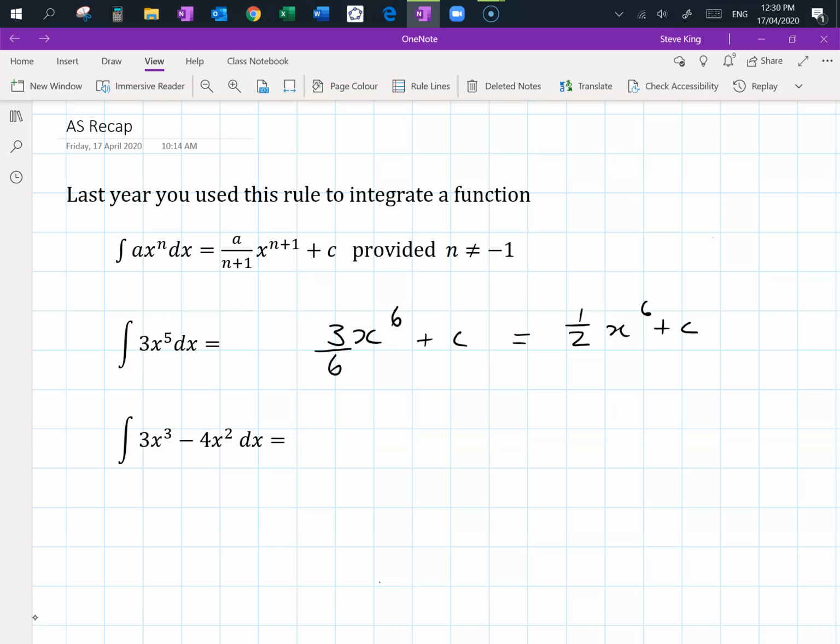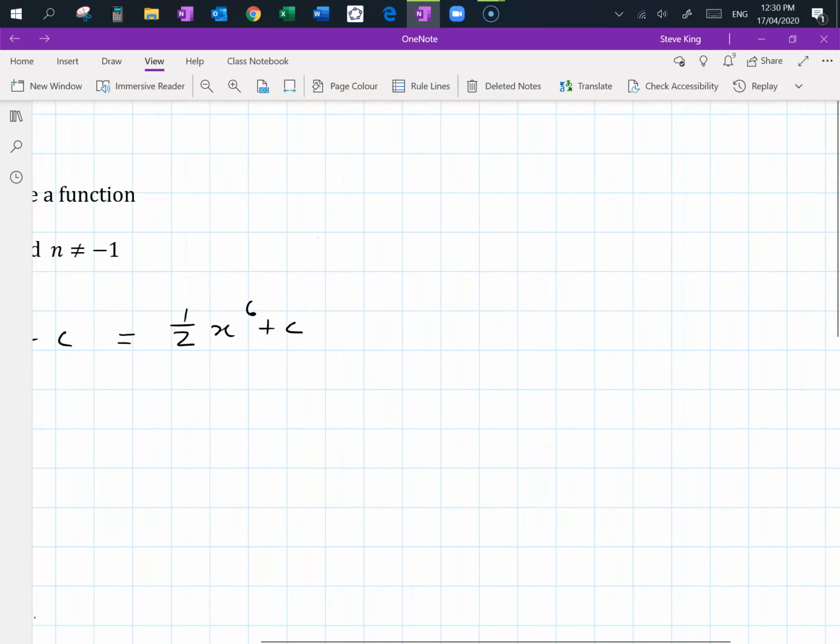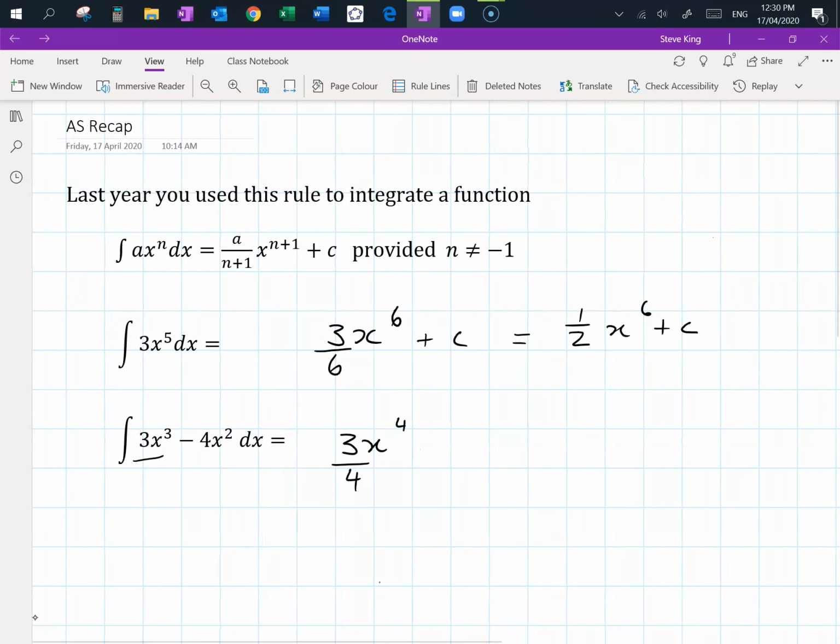If I have to integrate two terms like this, I'm going to integrate each one separately. So here we go. If we start off with the first term, 3x to the power 3, well, I'm going to start off with 3x. My power is going to increase to 4, and so that's going to be the denominator of the fraction. And then I'm going to take away the second one.